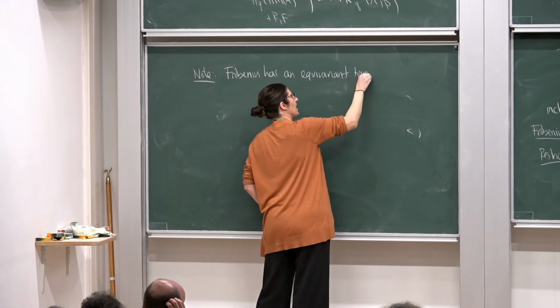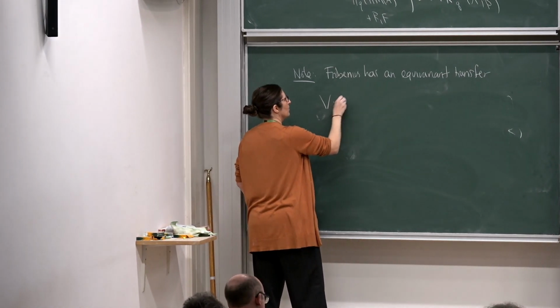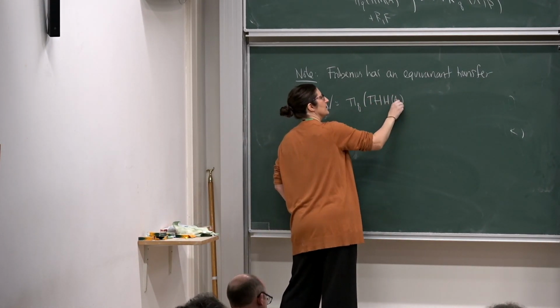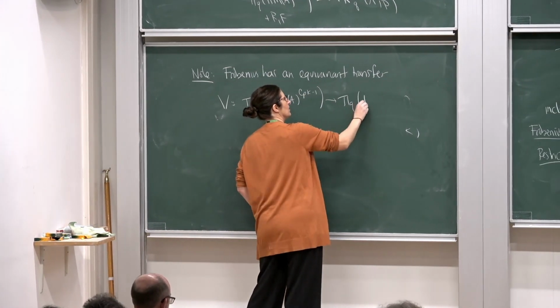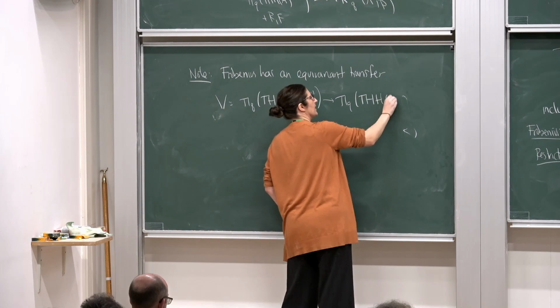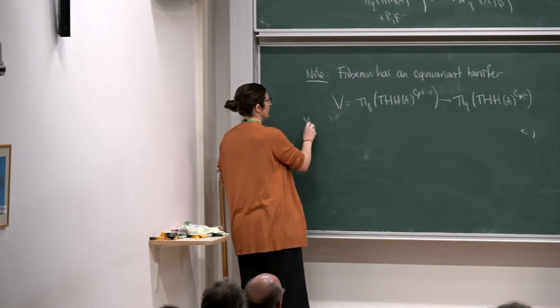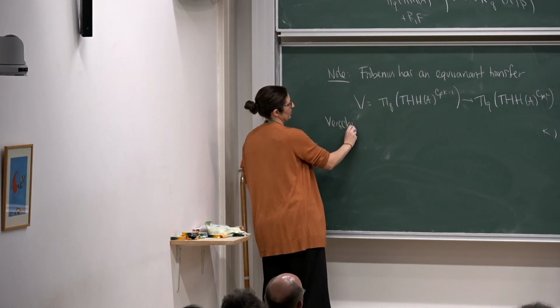In other words, I get a map in the other direction. So I get a map V, which is going to go from the C_{p^{k-1}} fixed points to the C_{p^k} fixed points. And this map is called the Verschiebung. Let's see if I can spell Verschiebung.